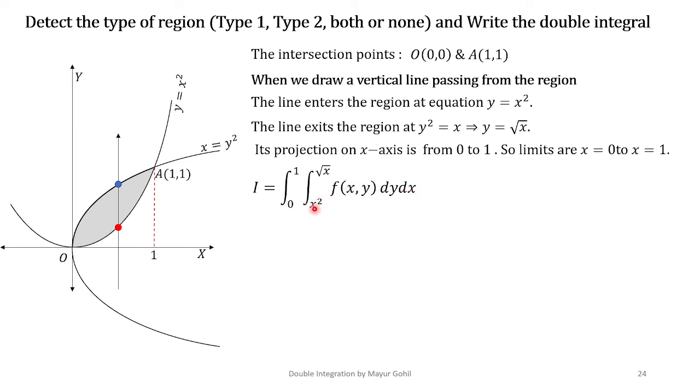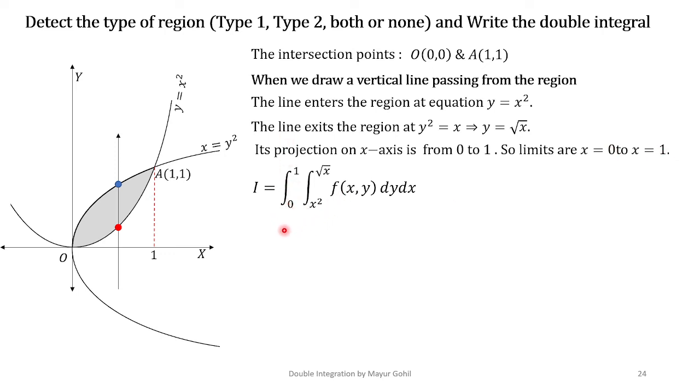The entry point of the line was y equals x square, and the exit point was at y equals root x. So the upper limit is going to be square root of x, and the projection is from 0 to 1, so the outer limits are 0 to 1, the projection limits for x.